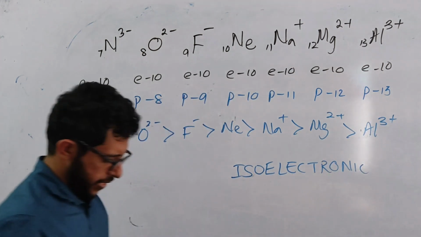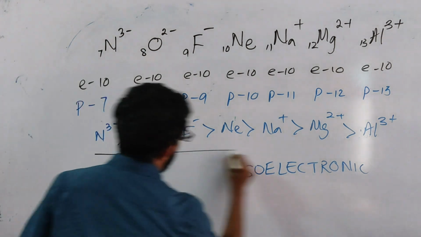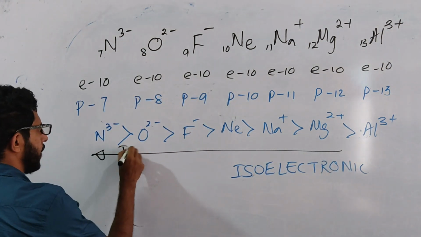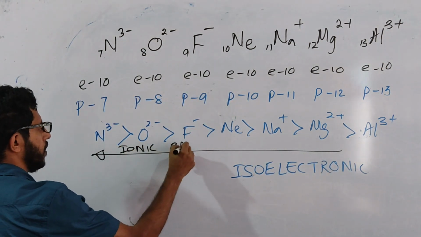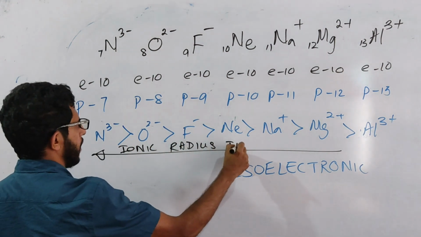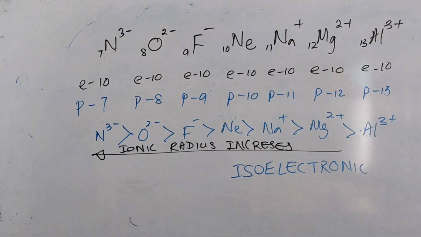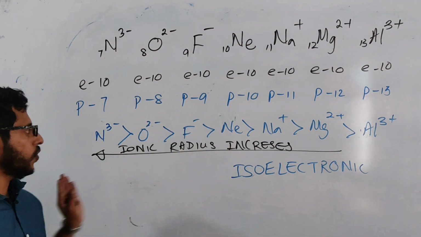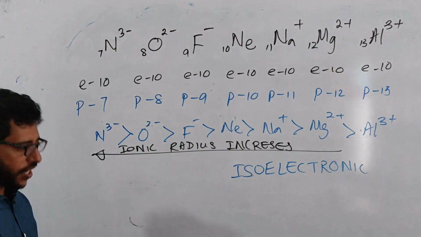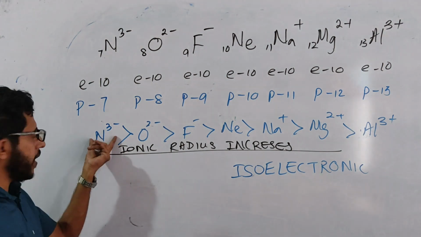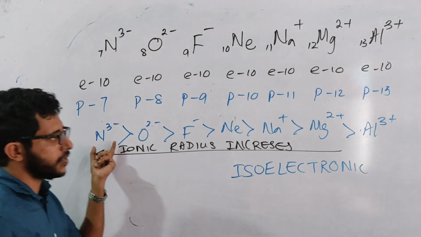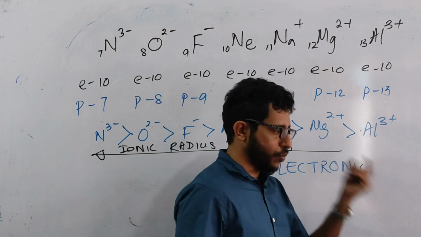So we can say ionic radius increases this side. We say ionic radius increases from left to right like this. Generally, the larger the anion, the negative charge, the larger the radius; the larger the cation, the smaller the radius.